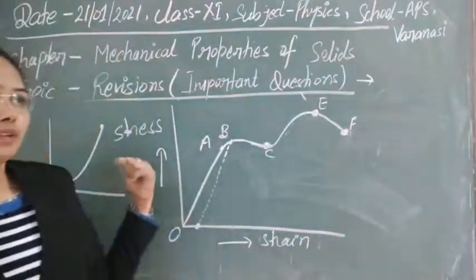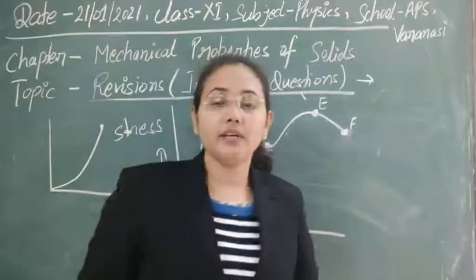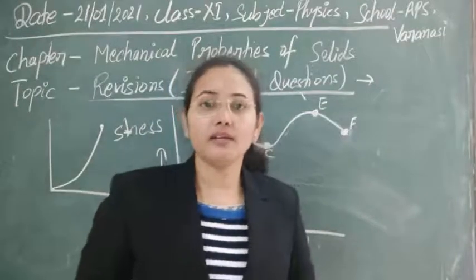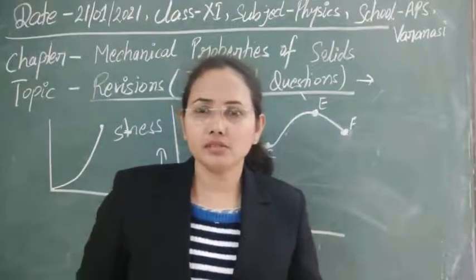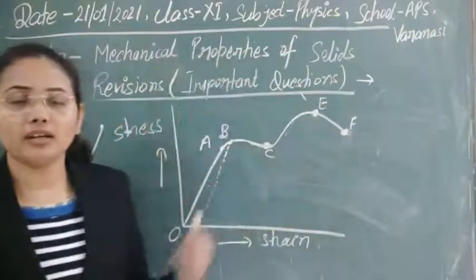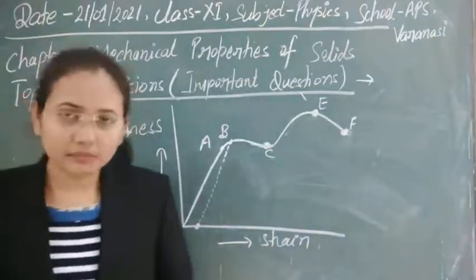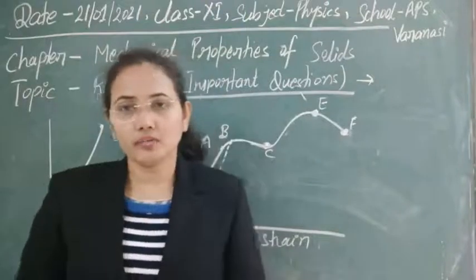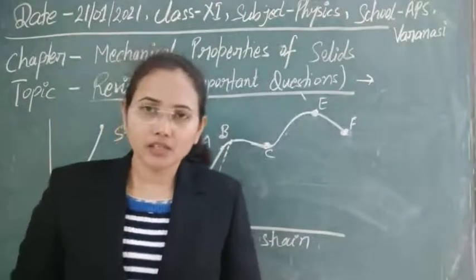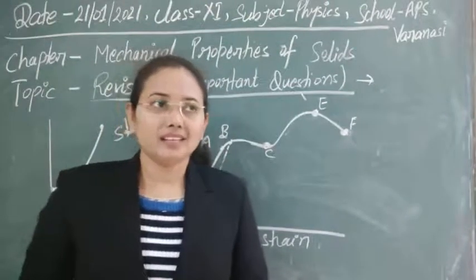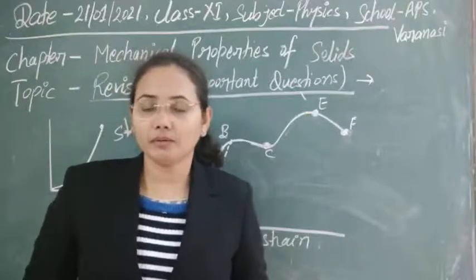Examples of elastomers are rubber and blood tissues. These types of things are called elastomers. They do not follow Hooke's law, but still they have the property of elasticity. They show some different properties.